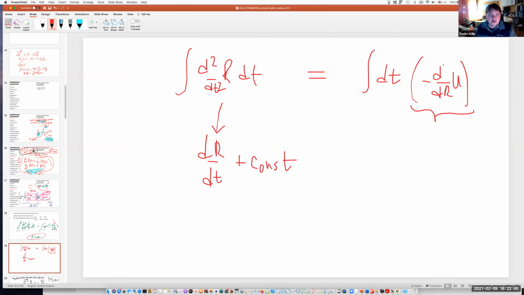So it's the same as integration of a constant. So it will be minus dU/dr times t. Or if we want to be really meticulous, from 0 to t1, one can put here t1 and 0.